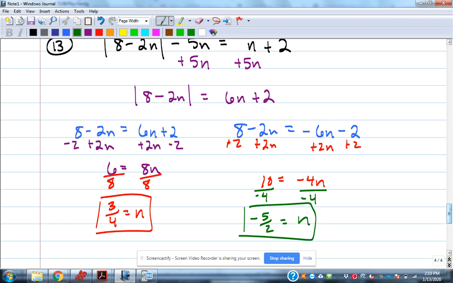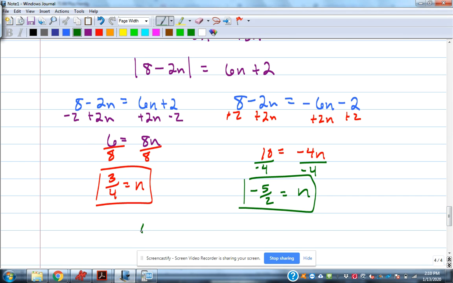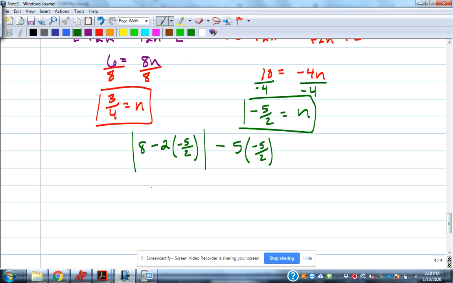Now, that makes me think this may not work. I'm going to go over to the left-hand side and plug it in over there and see if it works. 8 minus 2 times negative 5 over 2 in the absolute value minus 5 times negative 5 over 2. All right, so that's going to be 8 plus 5 there inside of there.